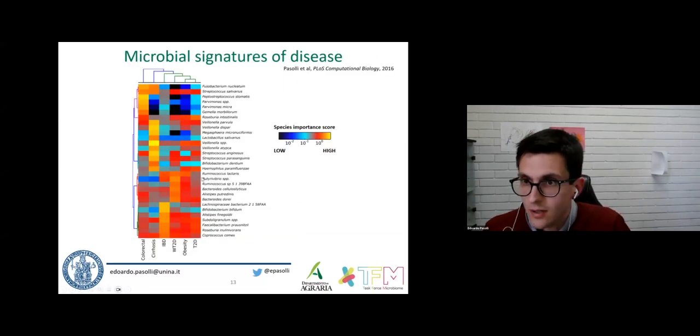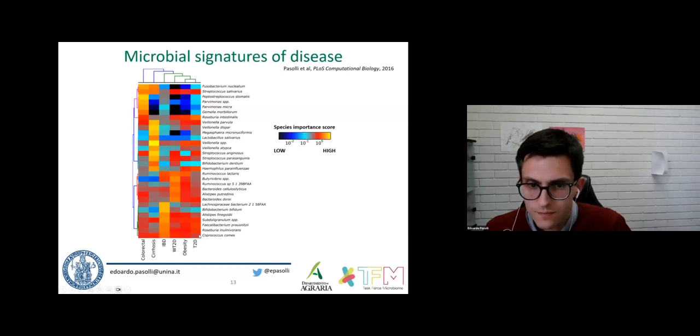This approach can also be important to try, not just to get numbers in terms of classification accuracy, but also to see if there are some signatures of disease in terms of biomarker identification. In particular, putting together multiple studies, here are the importance scores provided by random forest, but of course there are many other alternatives.